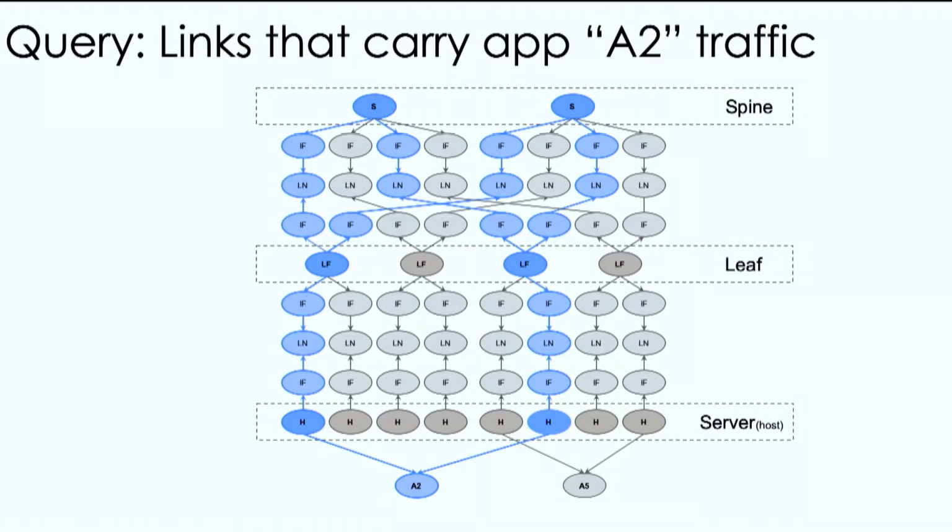So as you can see, there's an application that's connected to a number of hosts that are connected to a number of leaves. The query is very simple. Show me all the links that carry the traffic for this application. By having relationships defined, so you know who connects to the host, who connects to the leaf, you can easily see every switch that can possibly carry traffic for a particular application.